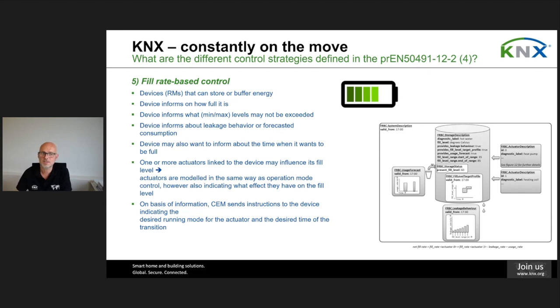So the device informs on how full it is, and it can inform on the minimum and maximum values that may never be exceeded. So you may never go beyond 15% of the storage and/or maximum 85% of the storage. The device may also inform about the time when it wants to be full.